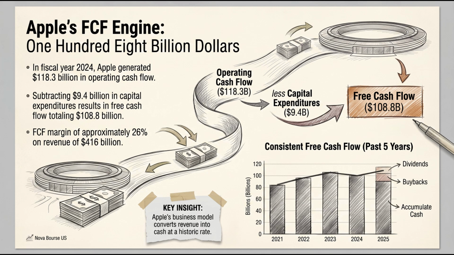Over the past 5 years, Apple has averaged over $90 billion in free cash flow annually. This extraordinary consistency is what allows them to fund massive dividends and the largest buyback program in history while still accumulating cash. Their business model converts revenue into cash at a rate rarely seen in corporate history.